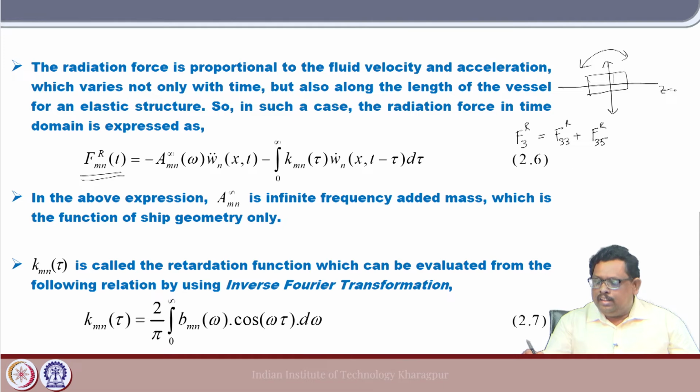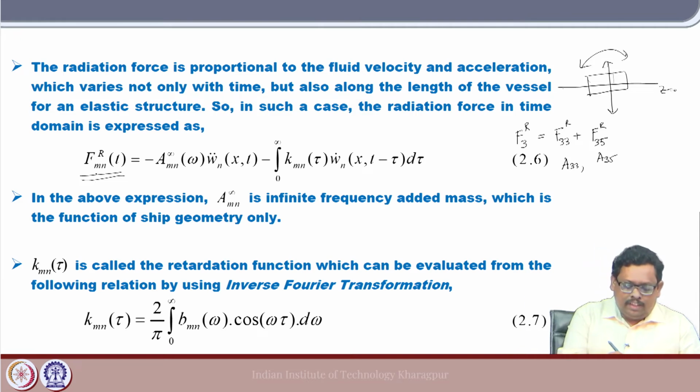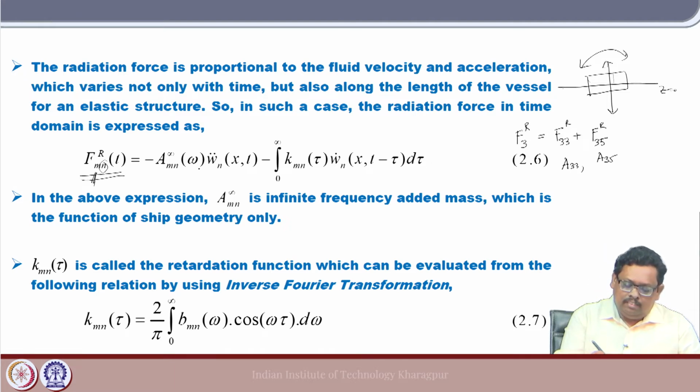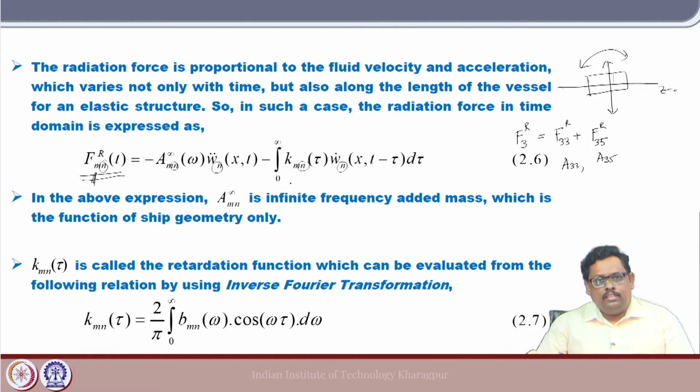So, in that way we have the added mass A33, and then the added mass A35 and so on, right. Similarly here, when you find the radiation force for the mth mode, I can oscillate it in all nth modes. That is how we can write this equation.